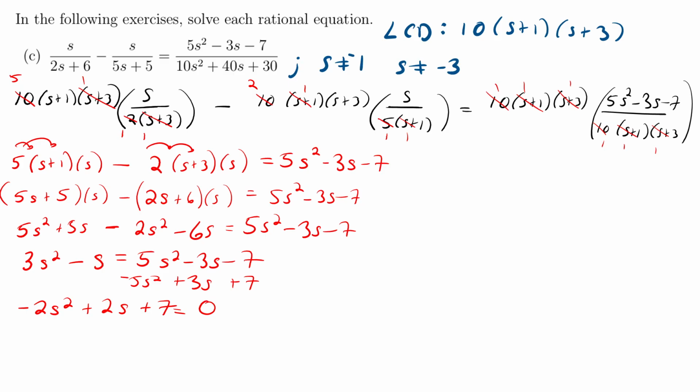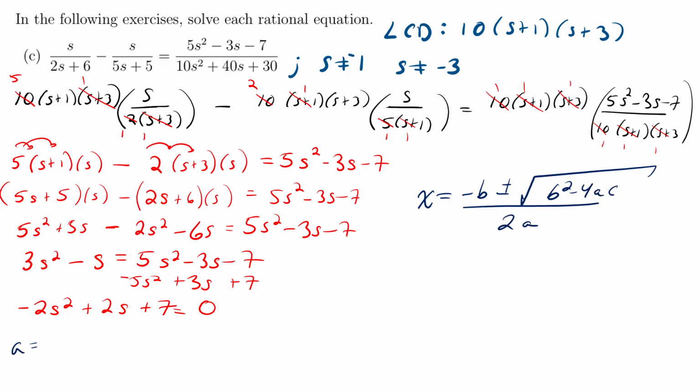All right, and now we can try to factor this, or why don't we try the quadratic formula? I think that might be a little bit easier here, especially since I've got this negative, and I'm not thinking that this is going to be factorable. So let's review our quadratic equation here, right? So x equals negative b plus or minus the square root of b squared minus 4ac all over 2a.